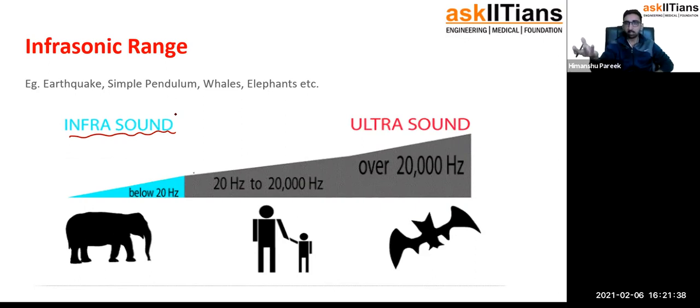If the frequency is above 20,000 hertz, it is called ultrasound. You must have heard this term, ultrasound. Here the frequency is more than 20,000, meaning in 1 second it is vibrating more than 20,000 times. And 20 hertz to 20,000 hertz is called the audible range for humans.